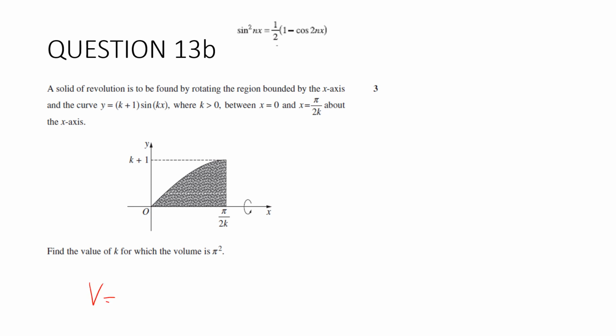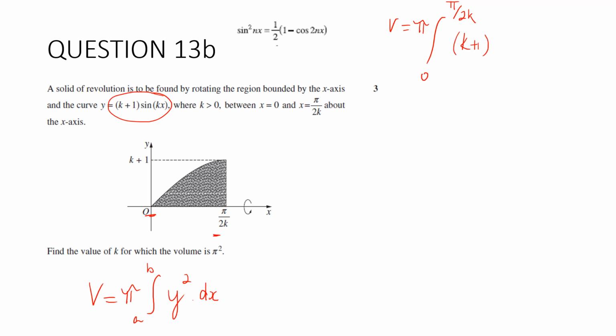So if we're rotating about the x-axis, we want this formula. We want dx, so we want y squared. All right, so volume is equal to pi, now we know a and b, there they are, so between 0 and pi on 2k of y squared, so that's this here, k plus 1 all squared sine squared kx dx.